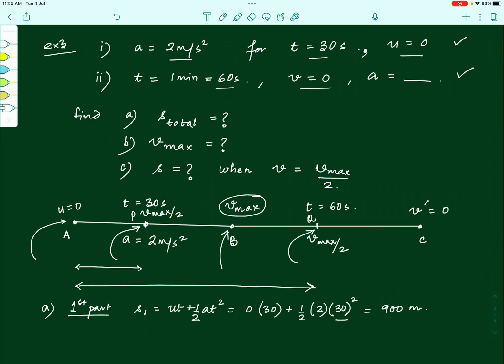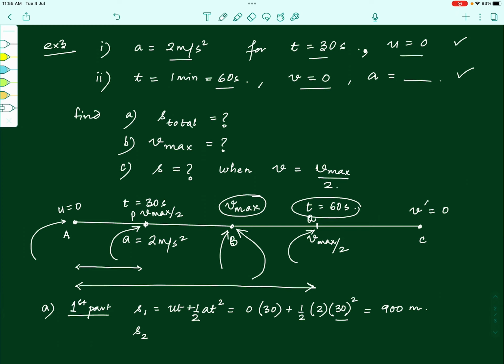Next we come to the displacement S2, which is nothing but the displacement from B to C. For that, we know the initial velocity at the point B. For finding out S2, we need to know the velocity at the point B, because nothing else except for the time is given.